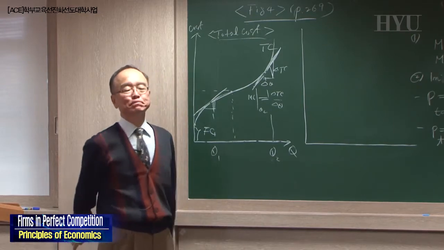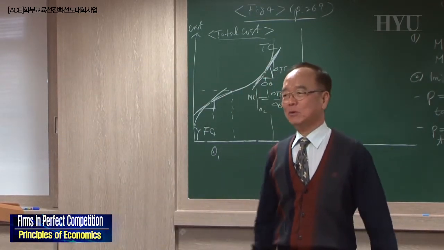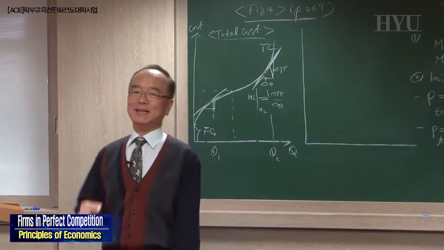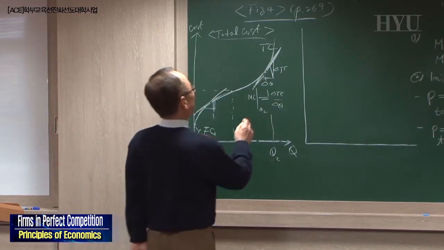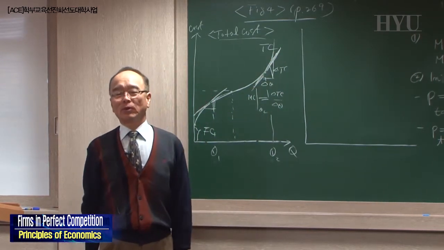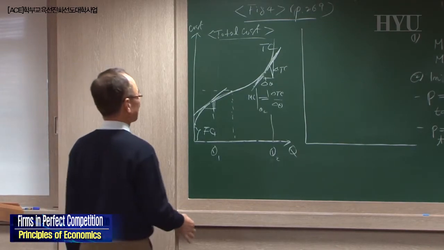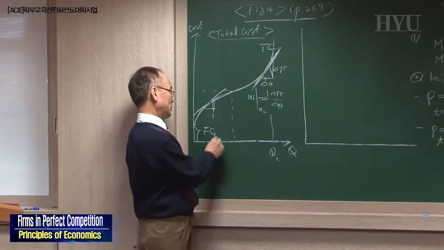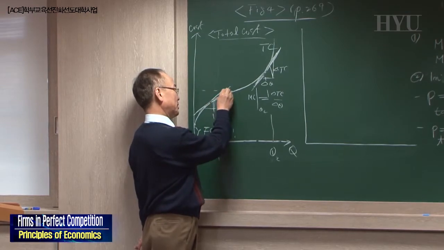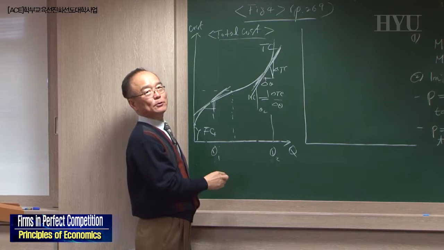By now, I believe you are comfortable with the concept that the slope on the total cost curve represents marginal cost at that point. So Q1, marginal cost at Q1; Q2, marginal cost at Q2.